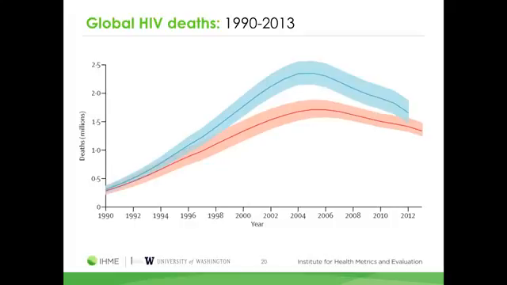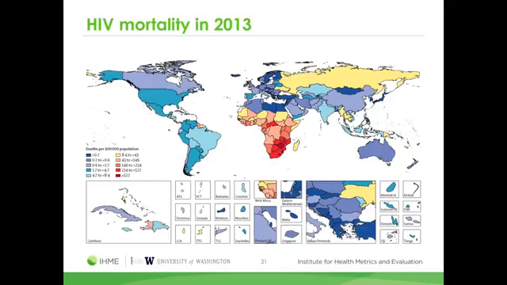Here's a map of, no surprise here, where HIV mortality, here measured as the crude death rate per 100,000, is concentrated. And I think this largely, geographically fits quite well what previous assessments have shown as well.